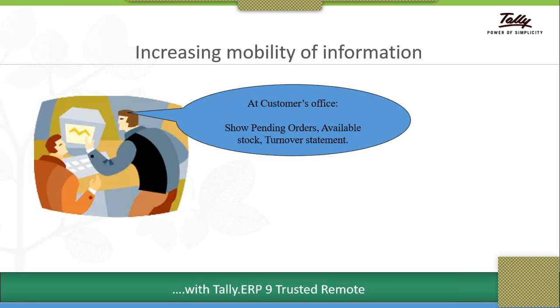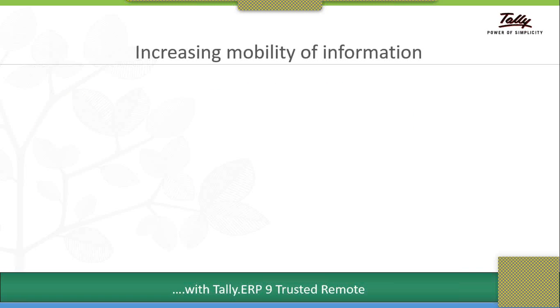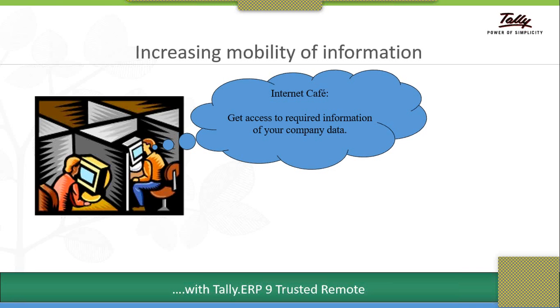If you are in the customer's office and want to show any pending orders, the stock which is available, or the total turnover, you can log in remotely, view your report, and show the orders from the customer's office itself. And if you are in an internet cafe, just by downloading and installing the Tally application, you can access the required information of your data.